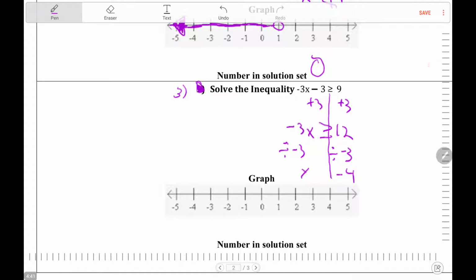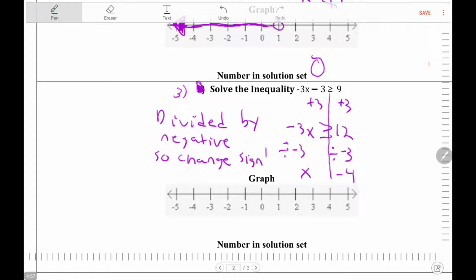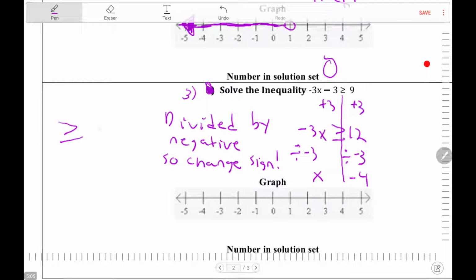We have x. Okay. Divided by a negative, so change the sign. Greater than or equal to becomes less than or equal to.